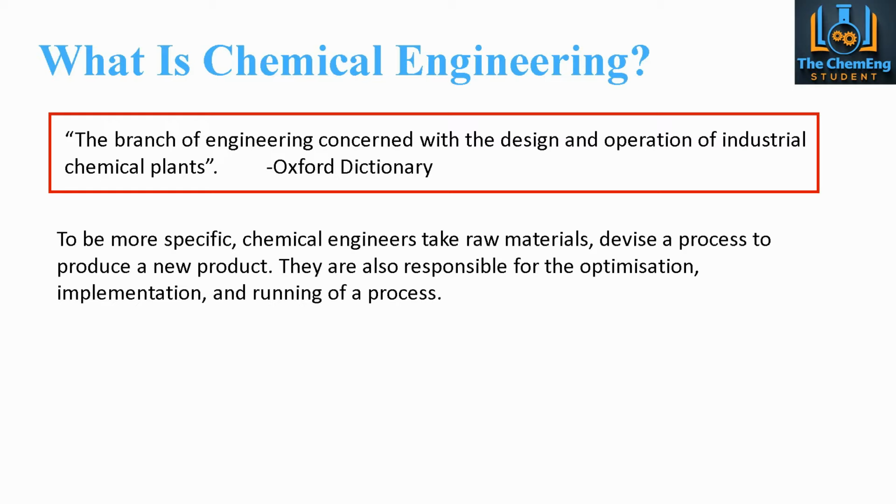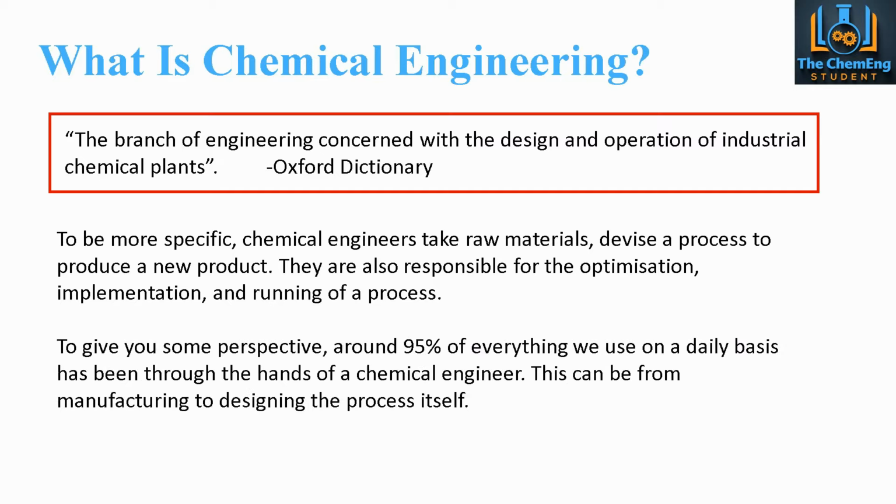We're also responsible for optimization, implementation, and the running of a process. We could even go further and talk about the decommissioning of a process, the recycling, renewables, all that sort of stuff. So you can see that the general definition isn't actually a proper representation of what chemical engineering actually is.